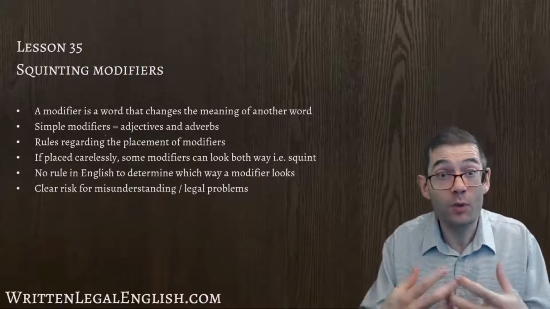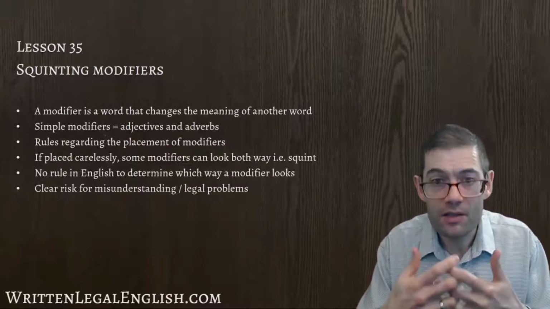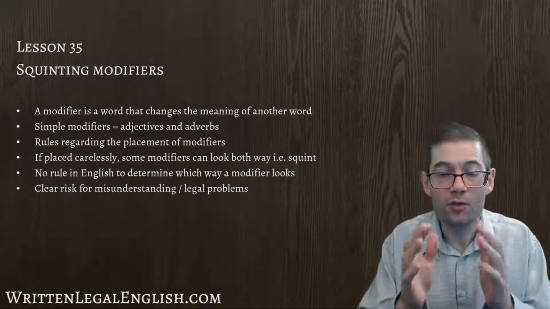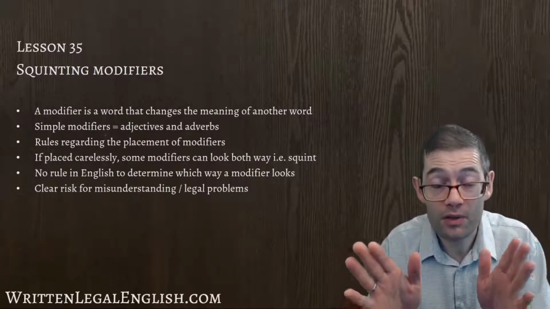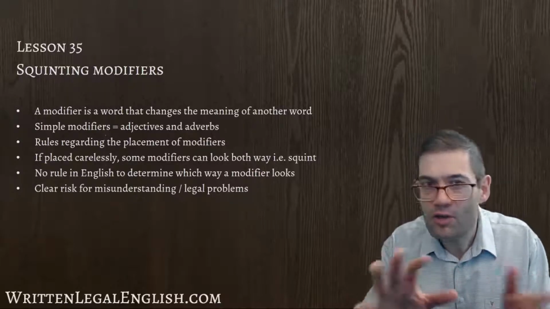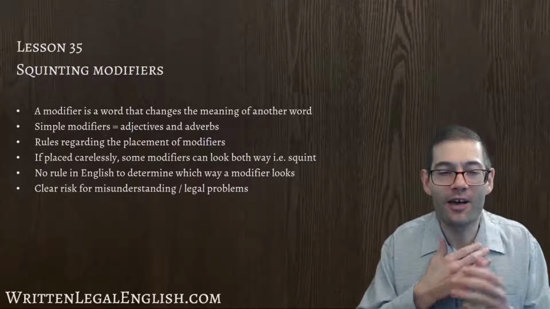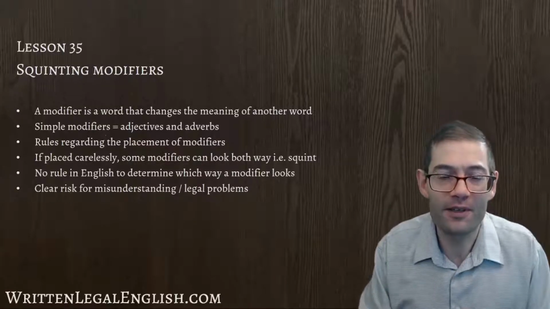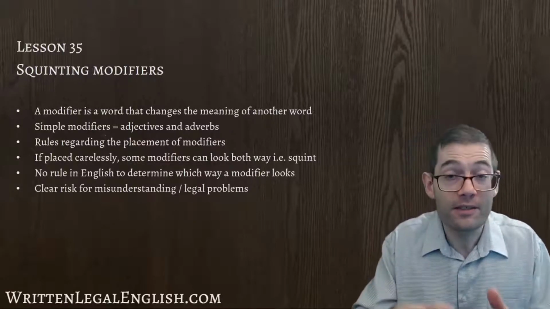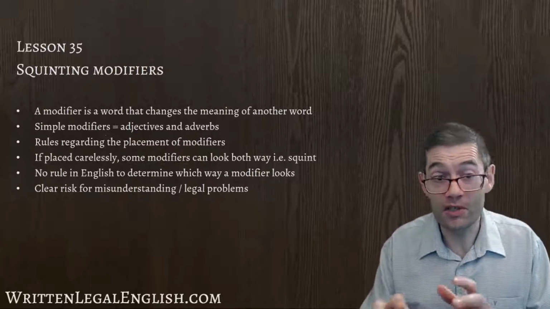And of course, that's what a squint is. A squint is a condition where you're looking in two different directions. Now, I can joke about this a little bit because I have a very small squint. So I've got eyes that look in different directions. And that's what the problem is of a squinting modifier.